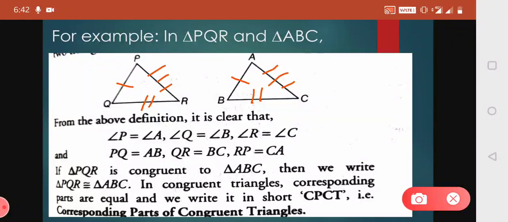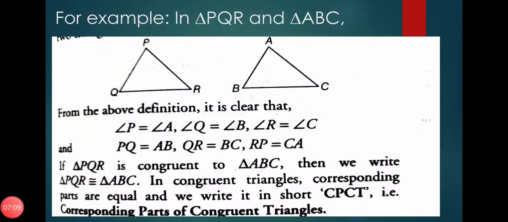So these are called in short CPCT, and the full form is corresponding parts of congruent triangles. All this we have studied at the lower level, that is grade 7.